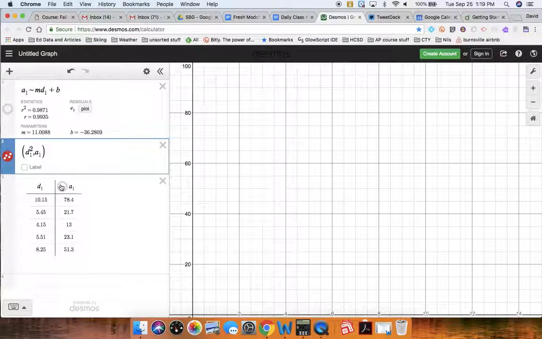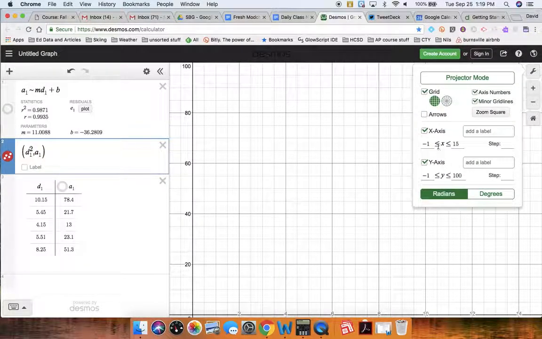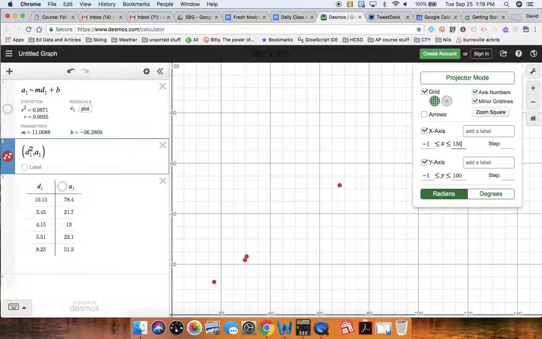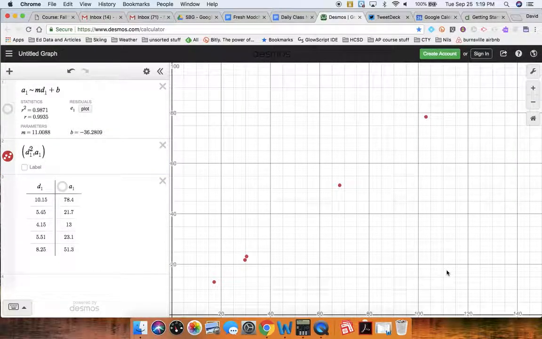And the other thing I'm going to do is change the scale of the horizontal axis, because if I square the diameters, the smallest point will be around 16 because the smallest diameter is around 4, and the biggest one will be over 100. So I'm just going to go up to my little wrench icon, and the x-axis scale was at 15. I'm going to change that to 150 just to make sure everything fits, and there we can see our points. So right now, diameter squared is on the horizontal axis, and area is on the vertical axis.